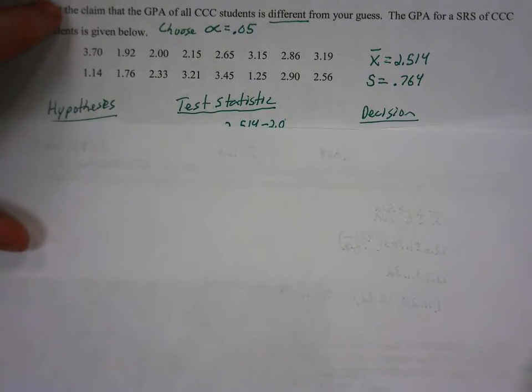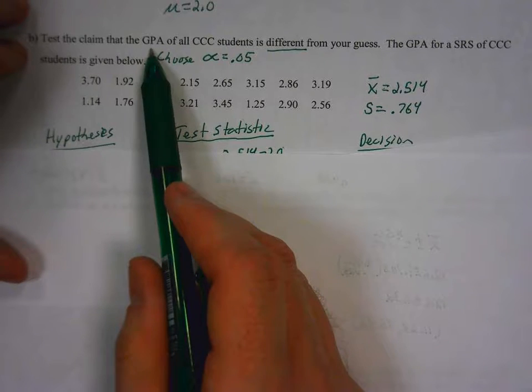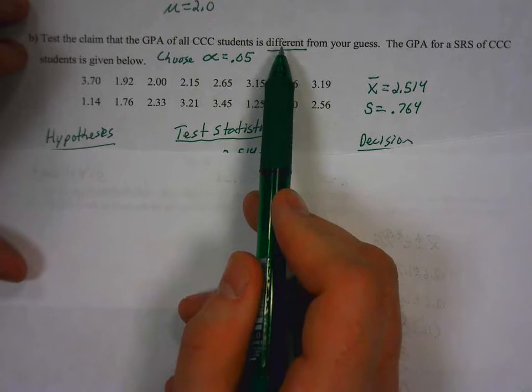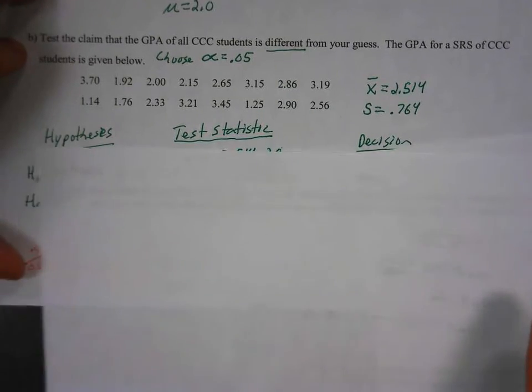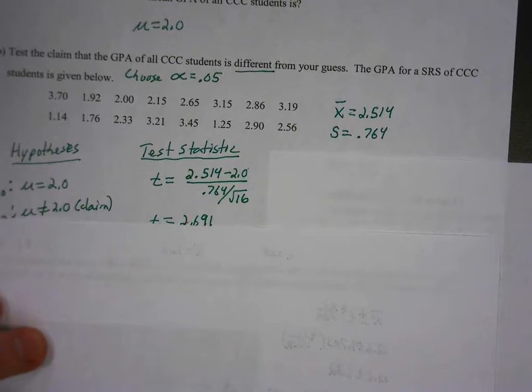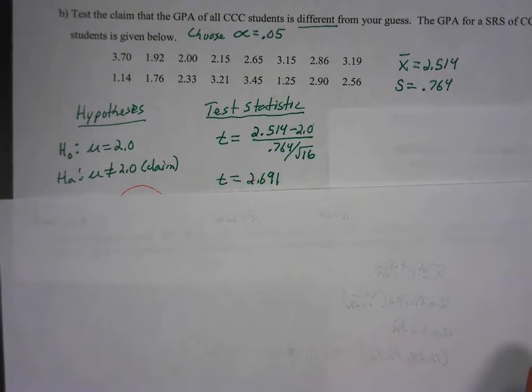Okay, so we're trying to test the claim. So that's a hypothesis test that the GPA of all students is different from our guess. So our hypotheses would be that mu equals 2.0 for the null, and mu does not equal 2 would be the alternative hypothesis.